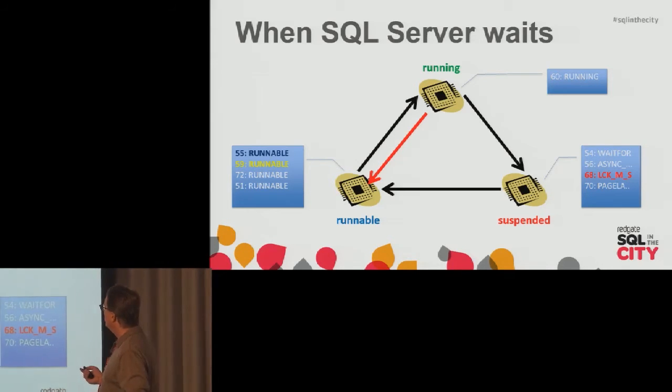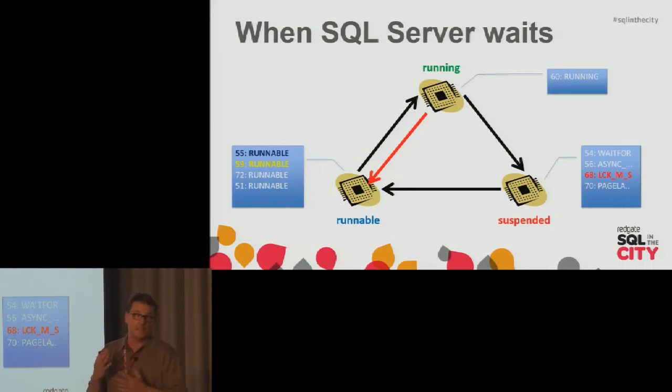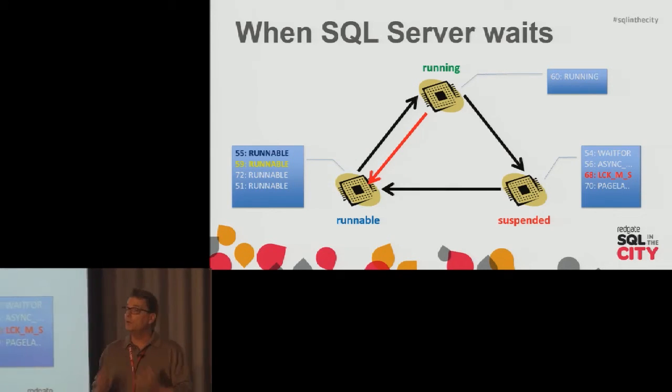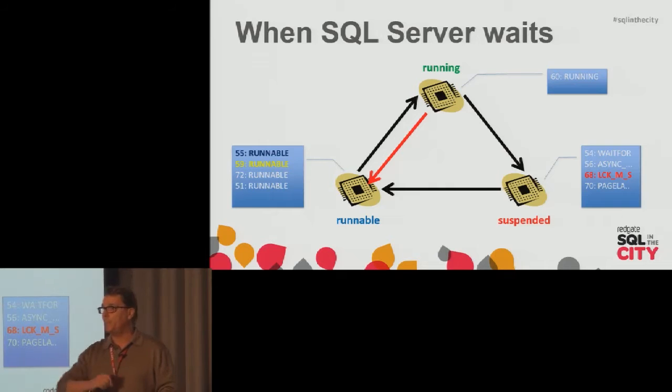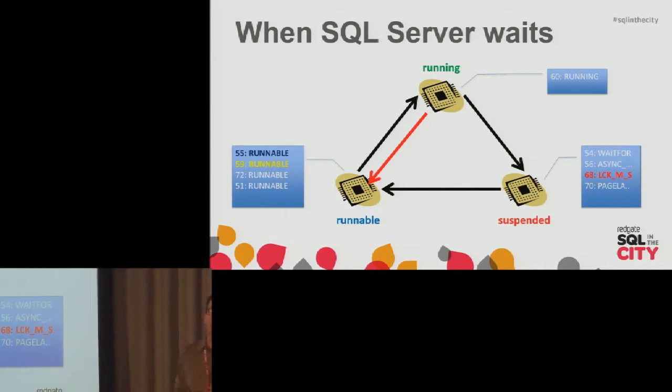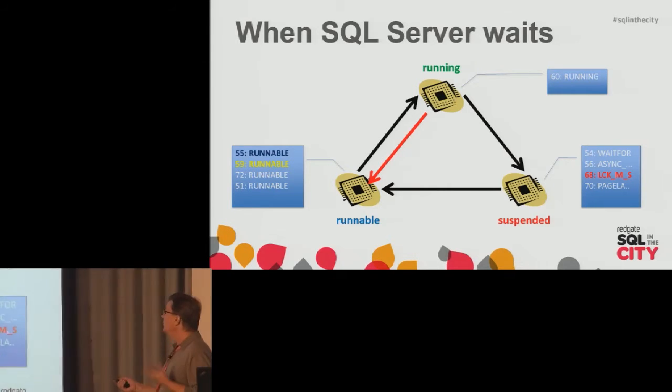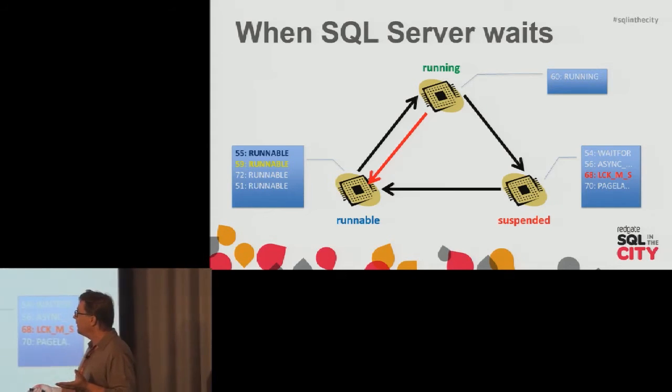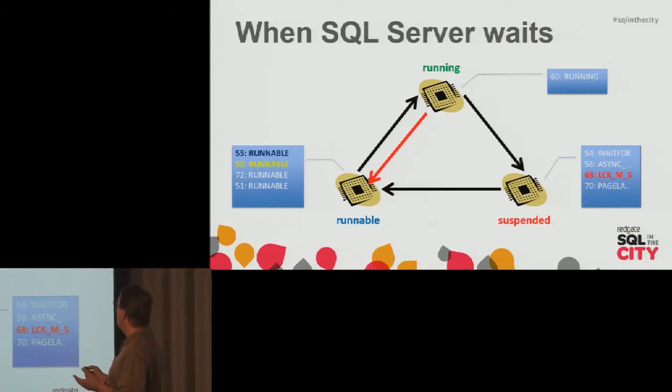But first of all, attention to this spid number 60, which is my thread, which is in running mode. So he's at the cash, and beep, beep, like he has done. And here you can see the number 68, which is waiting for a resource, which is a lock, a modification for a shared lock. And this is waiting, and you can see here the number 55, which is directly behind the 60.